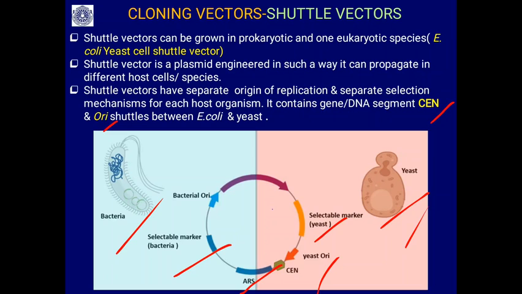So there is the yeast selectable marker, and then the centromeric sequence. A centromeric sequence is a DNA sequence that helps attach the chromosome, or DNA, to the mitotic spindle, which is important for its replication. So this is how it is a multi-purpose shuttle vector.